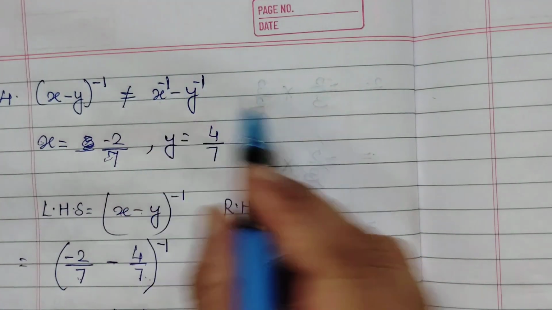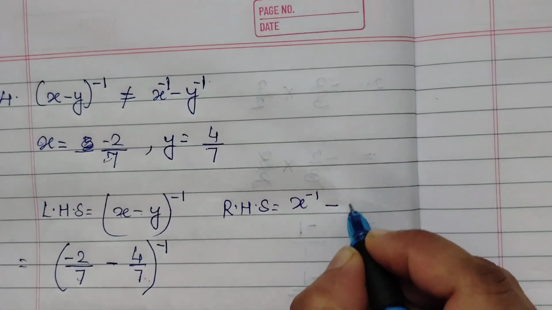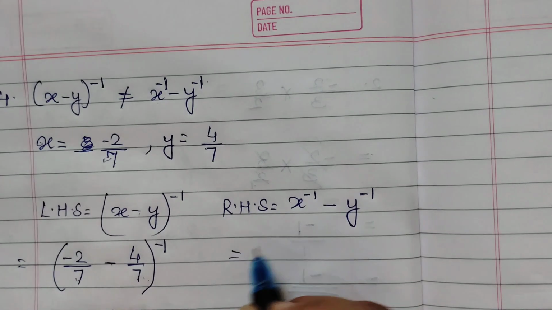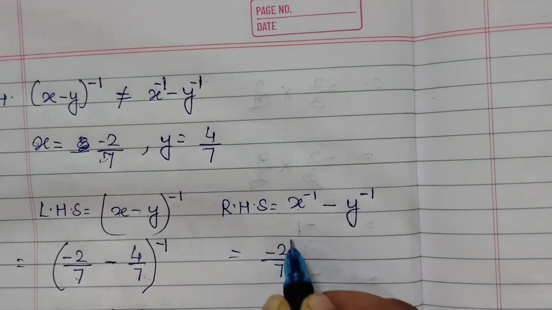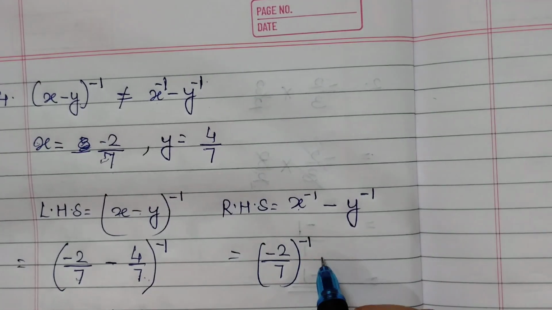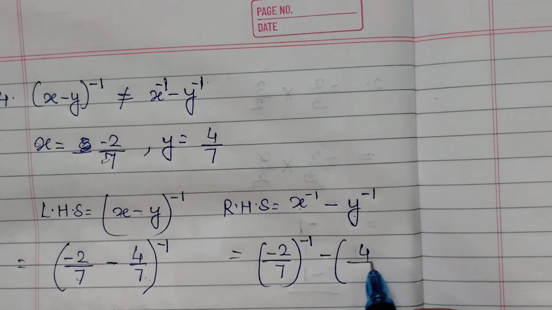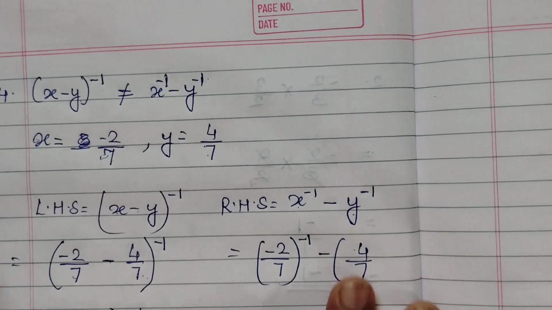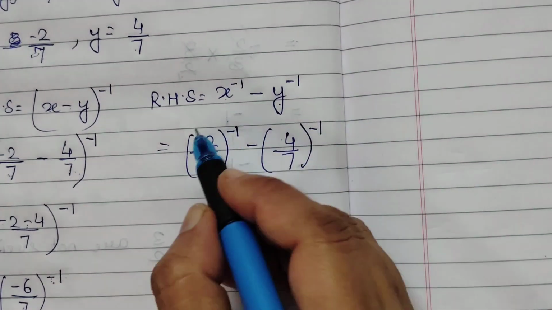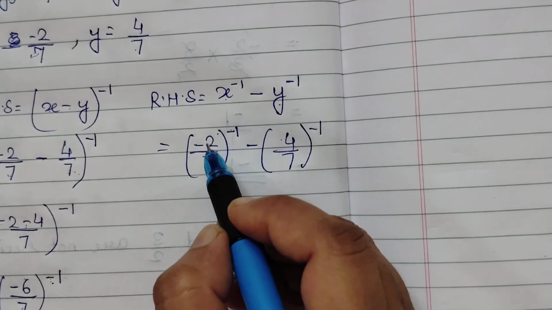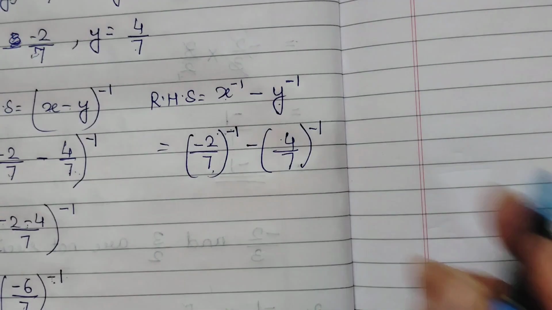What is there? x raised to minus 1 minus y raised to minus 1. Okay, so what is the value of x? Minus 2 upon 7. So I will write (minus 2 upon 7) raised to minus 1 minus, value of y is 4 upon 7, raised to minus 1. Here the minus 1 goes only for the 2, but this is for the whole x.